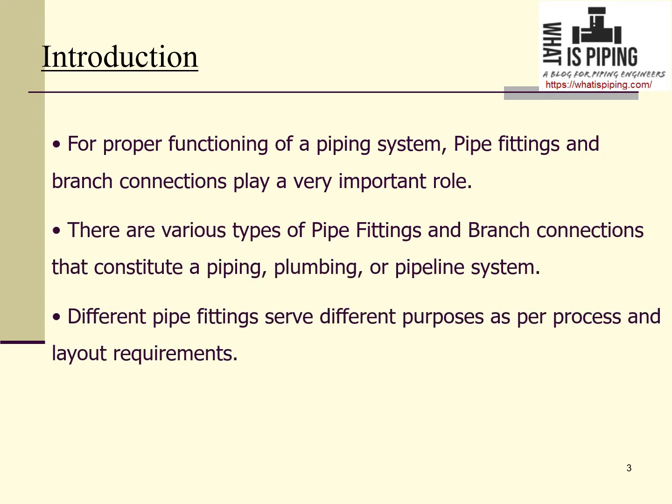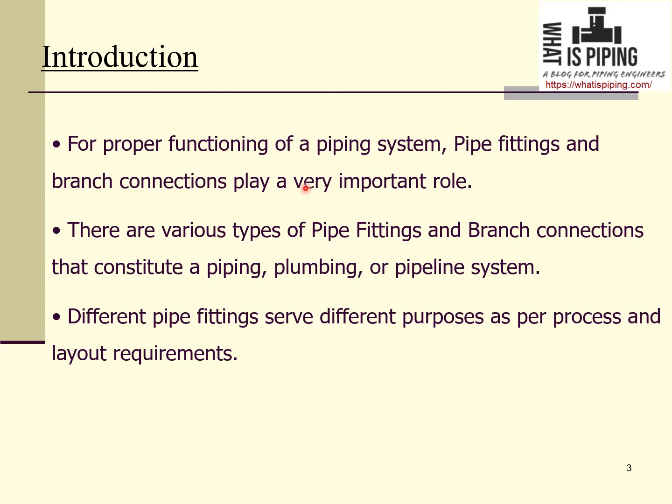For proper functioning of a piping system, pipe fittings as well as branch connections play a very important role. There are various types of pipe fittings and branch connections that constitute piping, plumbing, or pipeline systems. Different pipe fittings serve different purposes as per the process and layout requirements.